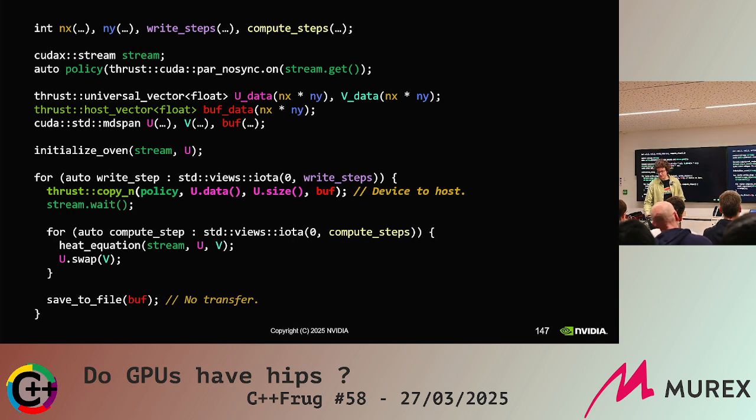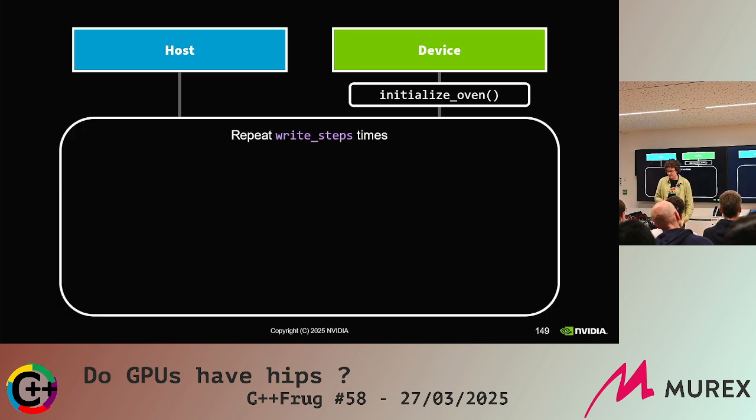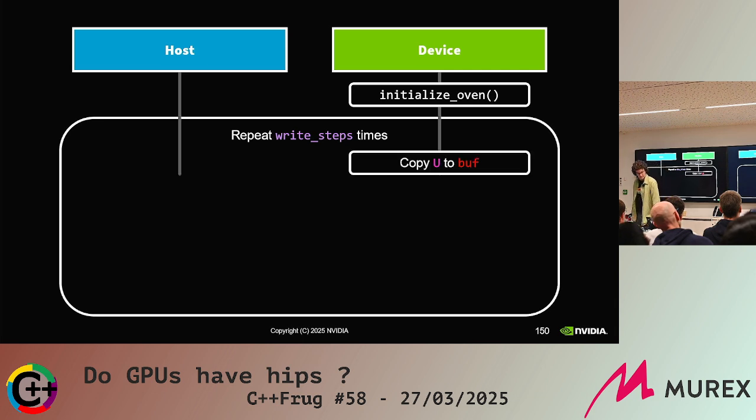And so now not only is our memory transfer more efficient, but we're also able to overlap the compute with the I/O. So our code will first initialize the problem state asynchronously on the device. And then next, we're going to enter that outer write loop on the host. And then every write step, we start by copying U to buff.